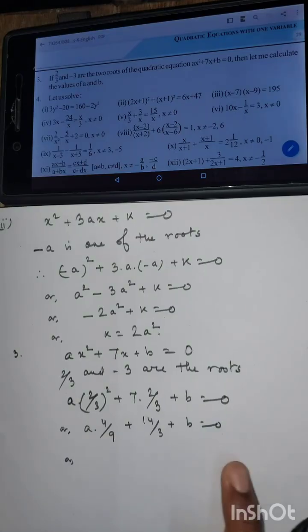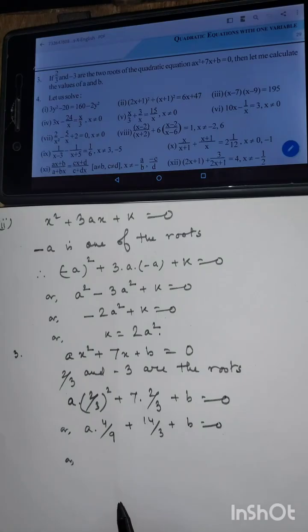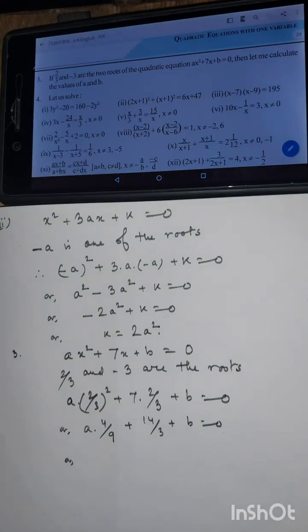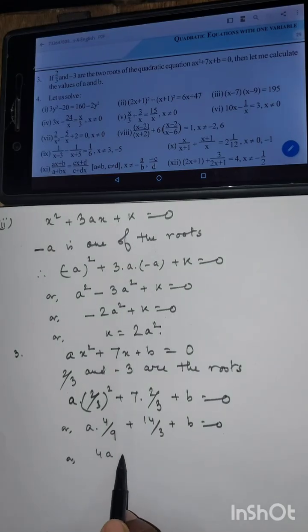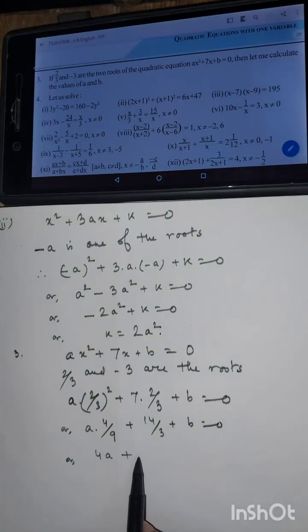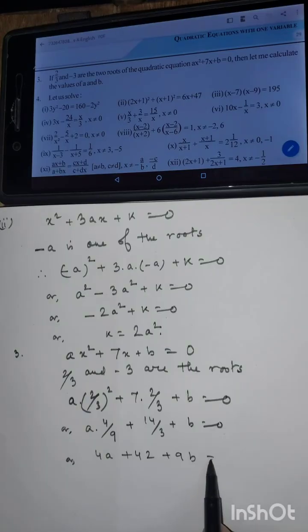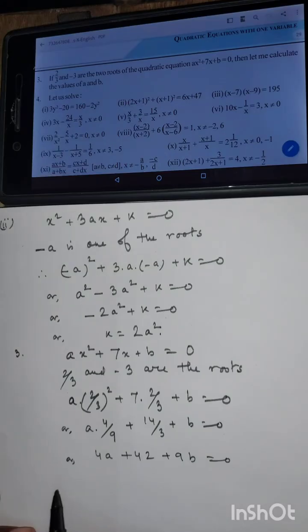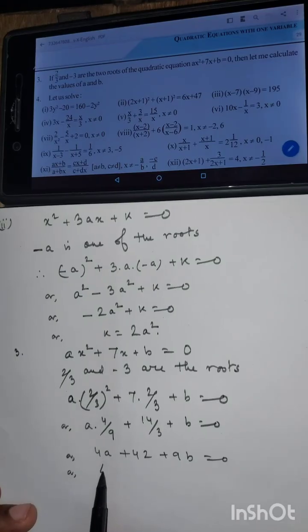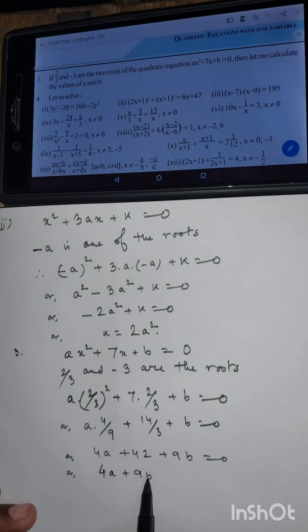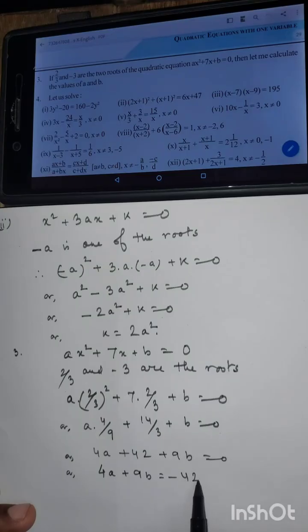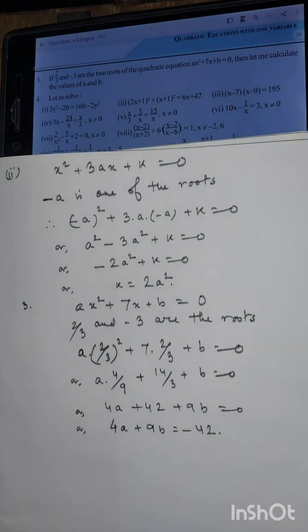Multiplying both sides of this equation by 9. Now let us put -3 in place of x.